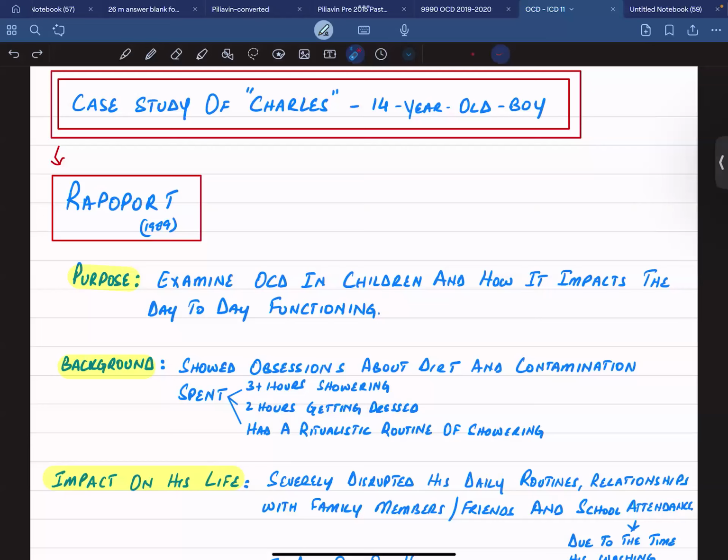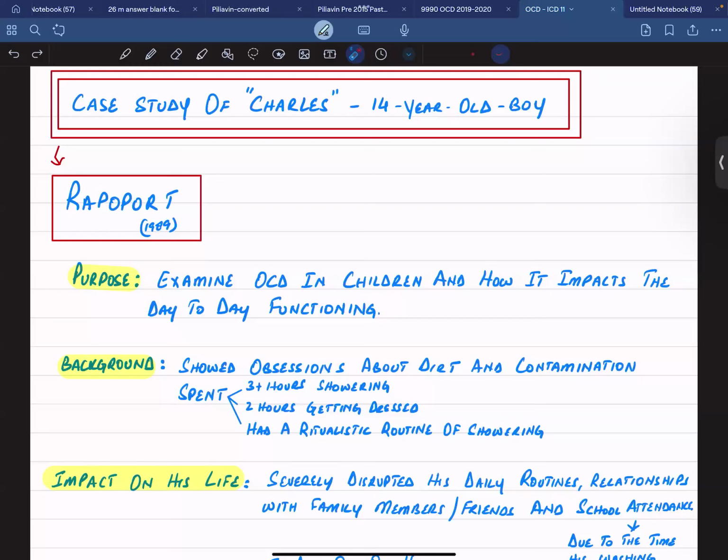He showed obsession about dirt and contamination to the point that he spent around 3+ hours showering per day, which does not include 2 additional hours that he took for getting dressed.